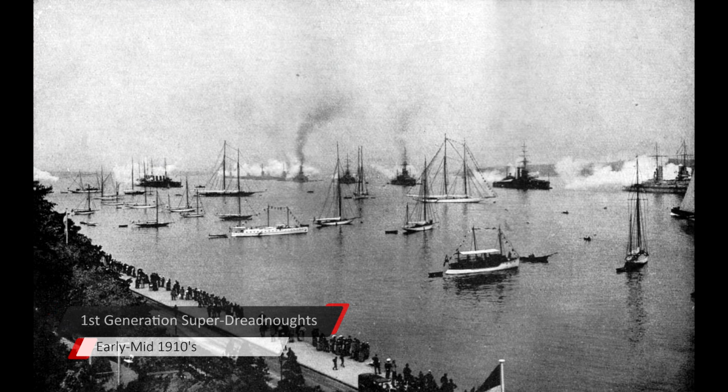That brings us on to first generation super dreadnoughts. This is a fairly simple one. They should have a main gun caliber that's somewhere between 13 and 14 inches, and they should have 8 to 10 main guns.